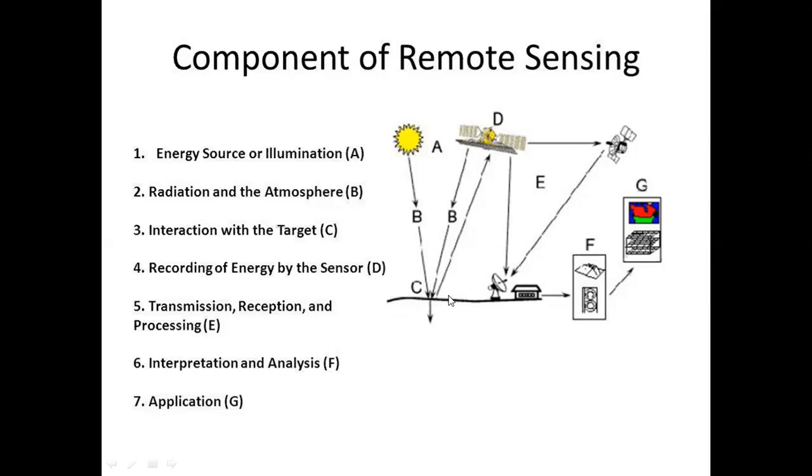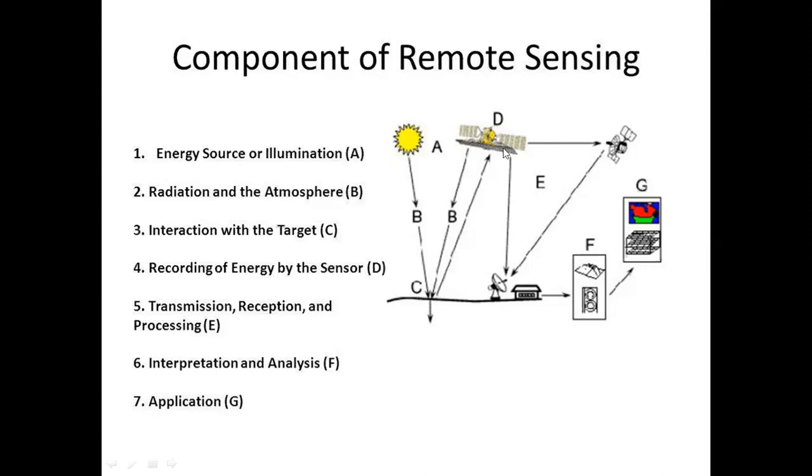Then this reflected, transmitted, and absorbed energy is analyzed by the sensor, which is D, the fourth element of remote sensing. It is the recording of energy by the sensor. The sensor does not record energy derived directly from the sun, but the energy which is reflected, transmitted, or absorbed by the earth surface.